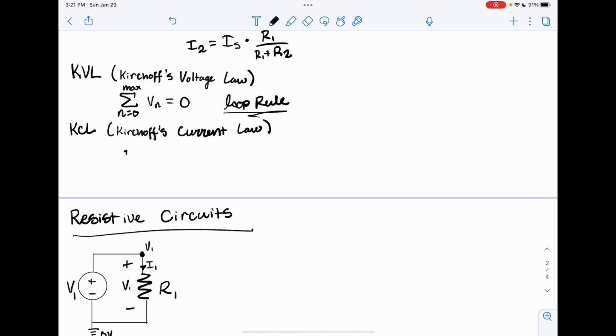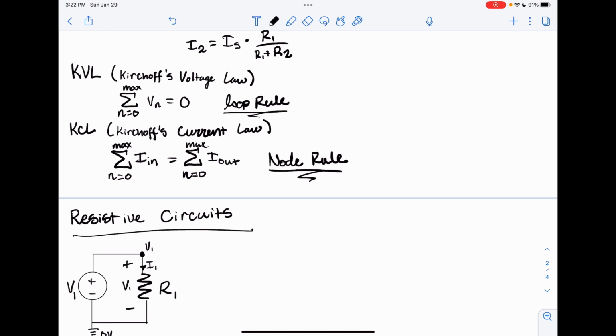Let me draw a nicer one. I in must be equal to I out. There we go. And this, in physics, is called the node rule. Again, Khan Academy has some great resources for this.